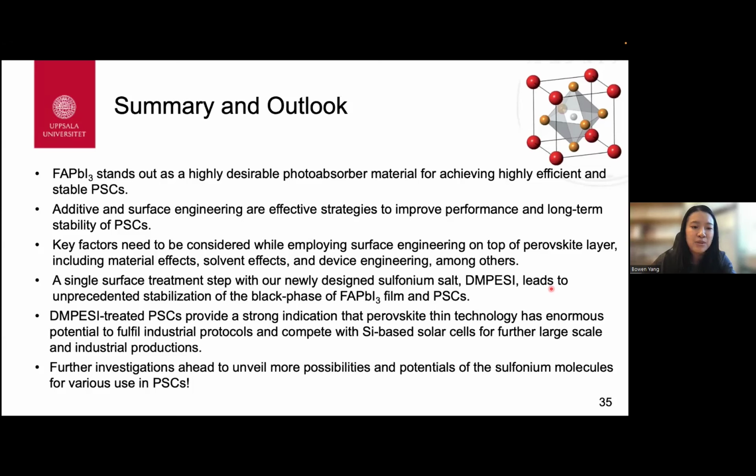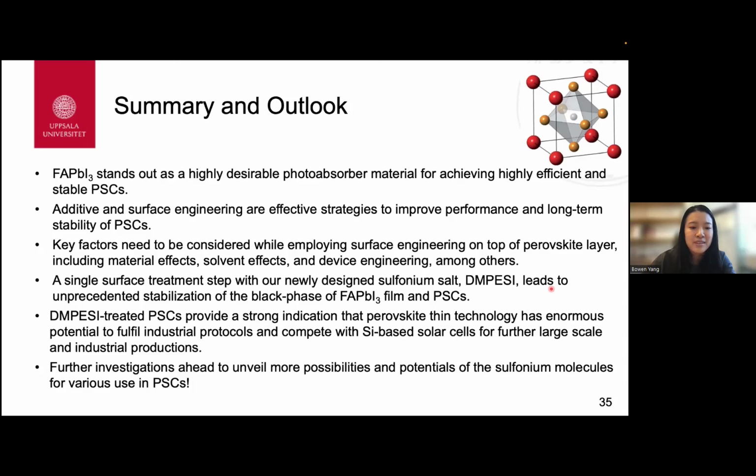And then in our work with the sulfonium molecule treated perovskite solar cells, we noticed that one surface treatment step with the sulfonium molecule can lead to very outstandingly stable FAPI film and devices.